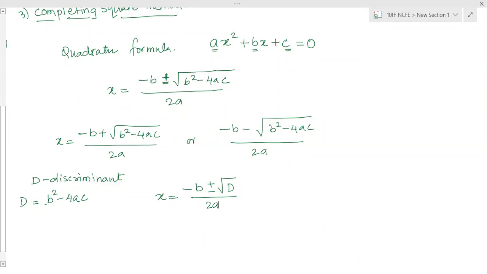So it is a very long method. So better always find b square minus 4ac separately, and after simplification, you can substitute the value into the main formula. It makes your work easier.